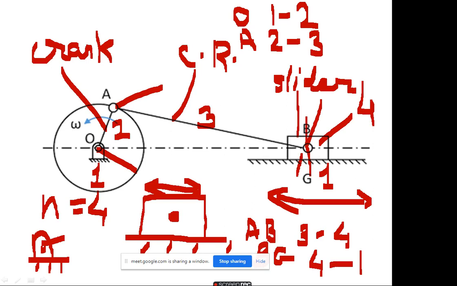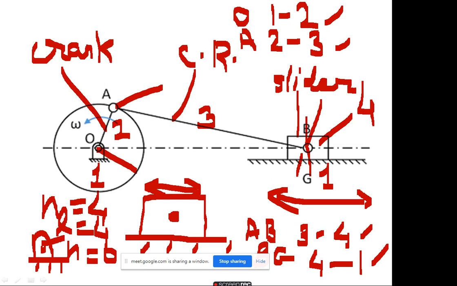So how many lower pairs are there? At point O, that is linked from 1 to 2, then at A 2 to 3, and that is AB, that is from 3 to 4, and that is B to G, that is again 4 to 1. So total lower pairs are 4 in this case, and higher pair is equal to 0.